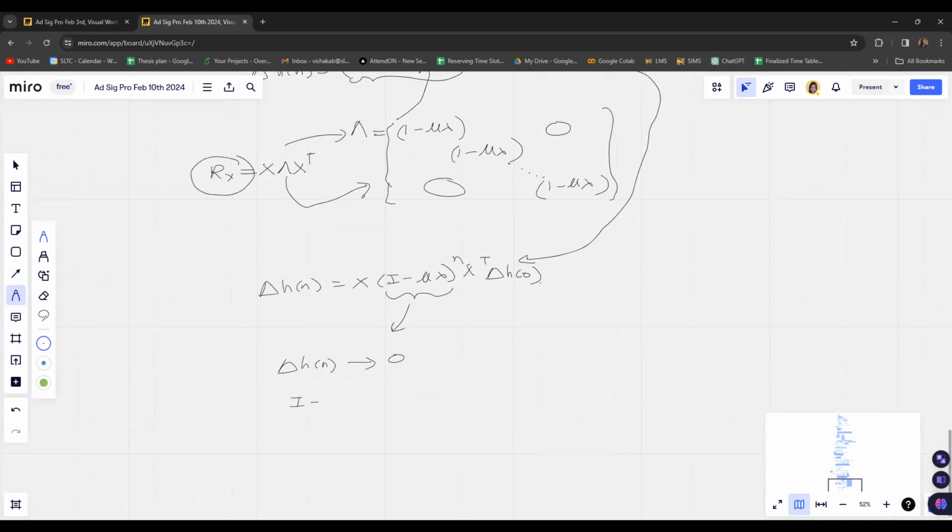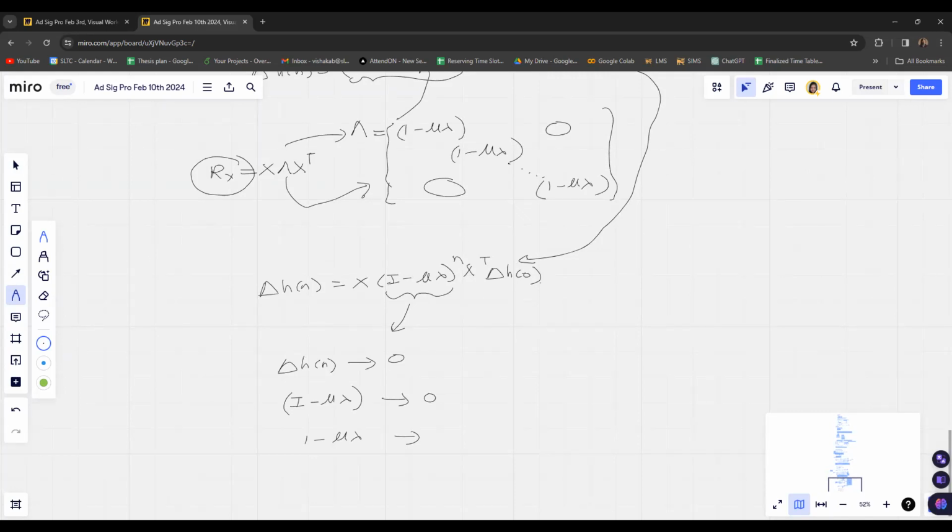So I minus mu lambda is a matrix, and that matrix's values must go to 0, which means that 1 minus mu lambda should go to 0, basically, right?